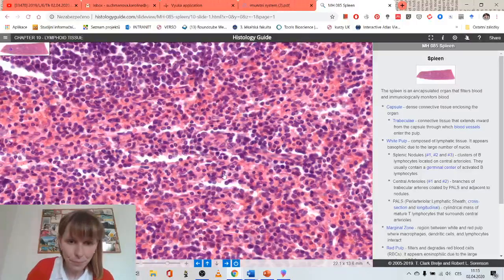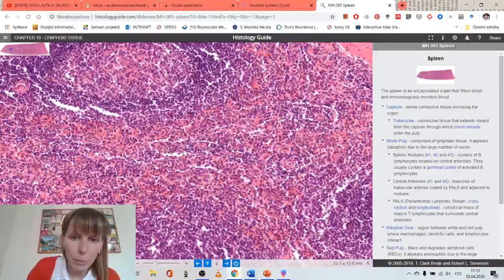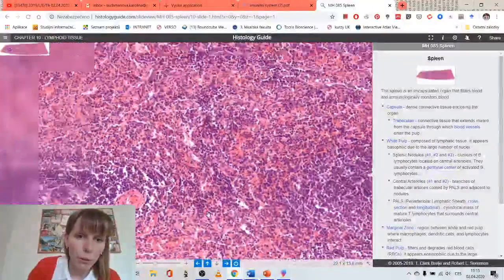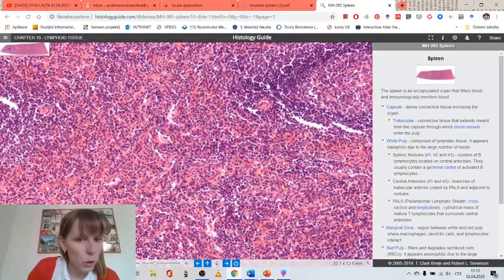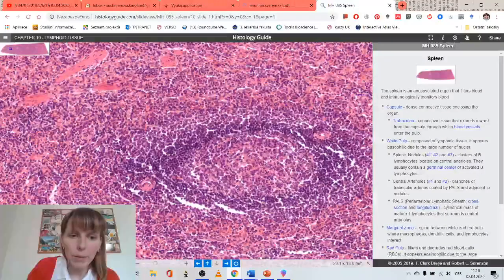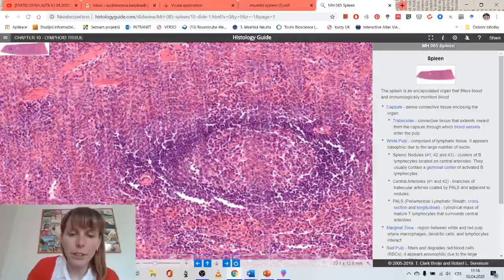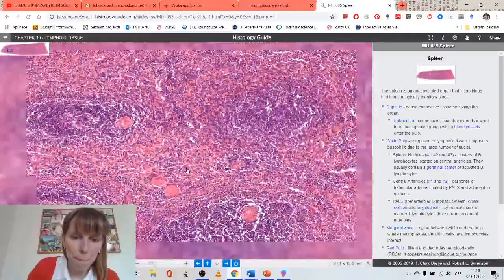So the sinuses in the red pulp are between the cords of Billroth. Everywhere it seems more loose, more empty spaces with red blood cells, you can be sure that you are in the red pulp, and white pulp will have the follicle, central artery, pulse.